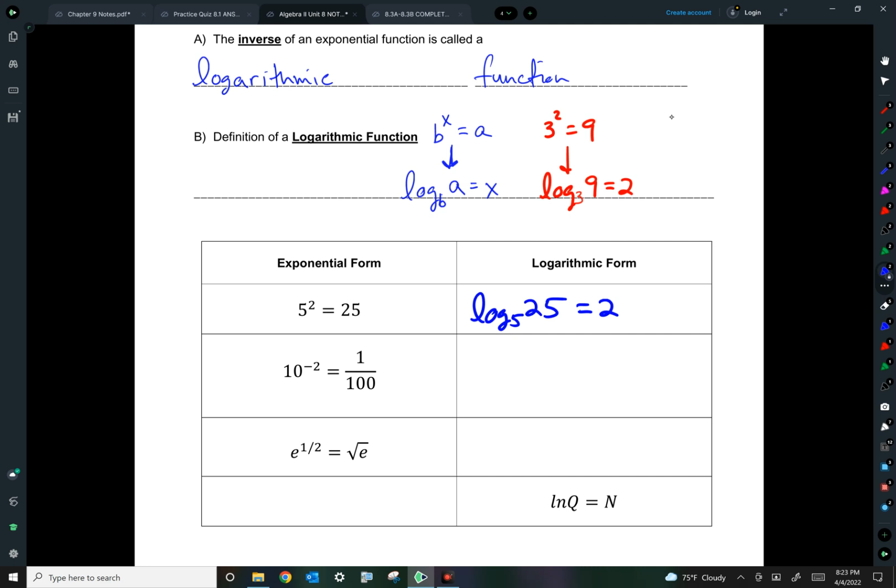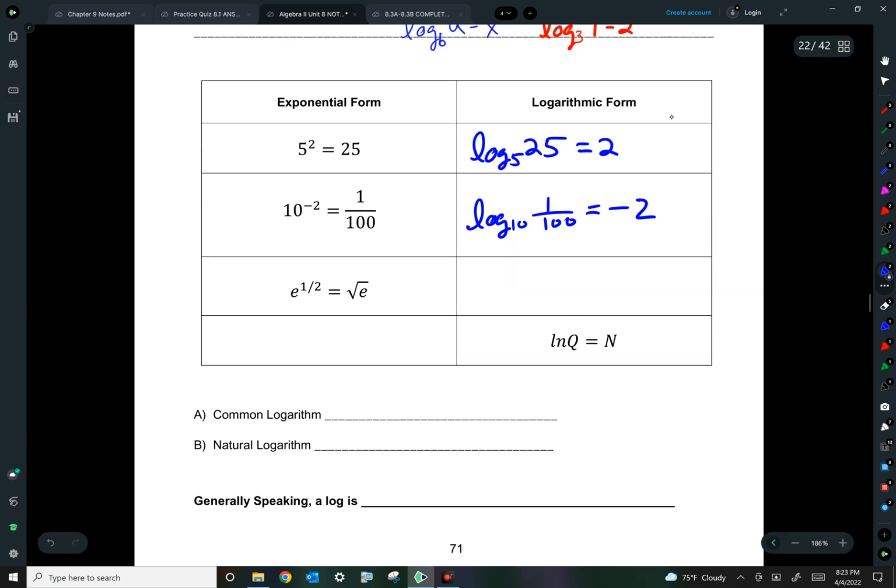Notice I'm just putting the numbers in the right form. Okay, on the next one, if I'm going to change it, I would say log, the base is 10, so a little subscript of 10, log base 10 of the answer equals the exponent. Again, there's nothing to understand. You're not solving anything. You're just changing the form from exponential into logarithm.